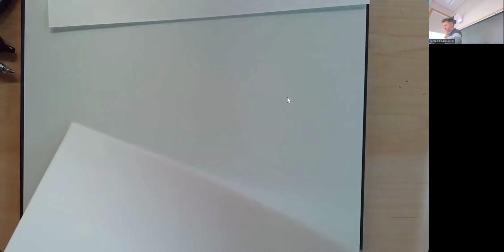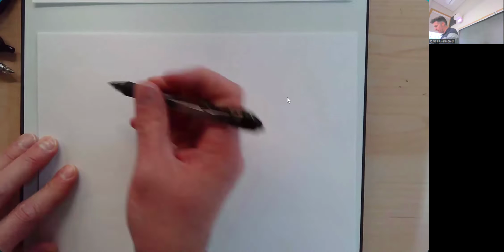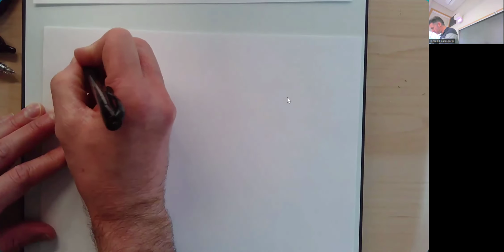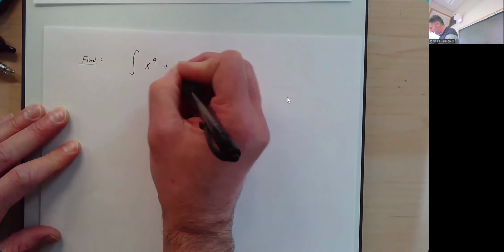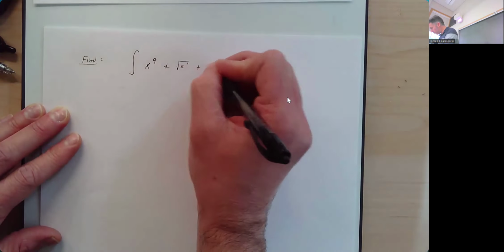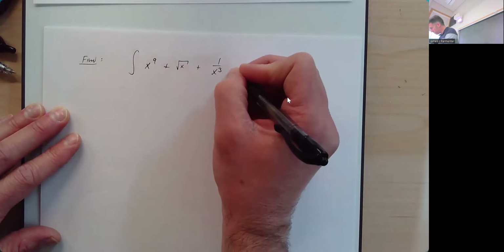So let's say we want to find the antiderivative of the following: x to the 9th plus the square root of x plus 1 over x cubed plus 7.